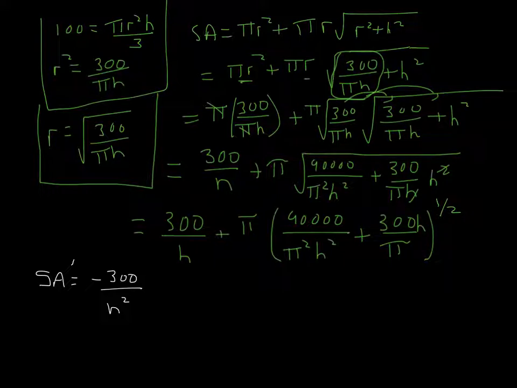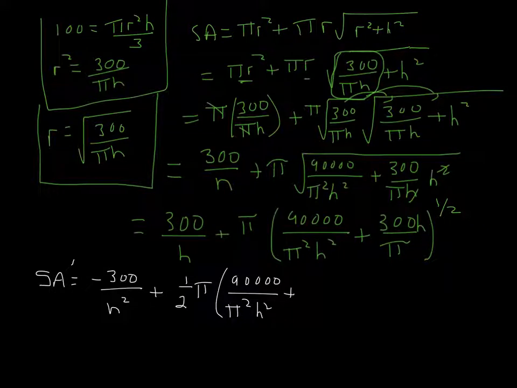And then the second part is going to have 1/2 multiplied in front of the bracket, times the pi that was already there, times what's in the bracket, 90,000 over pi squared h squared plus 300h over pi, to the negative 1/2. We're not done yet because we still have chain rule for what's inside the bracket.